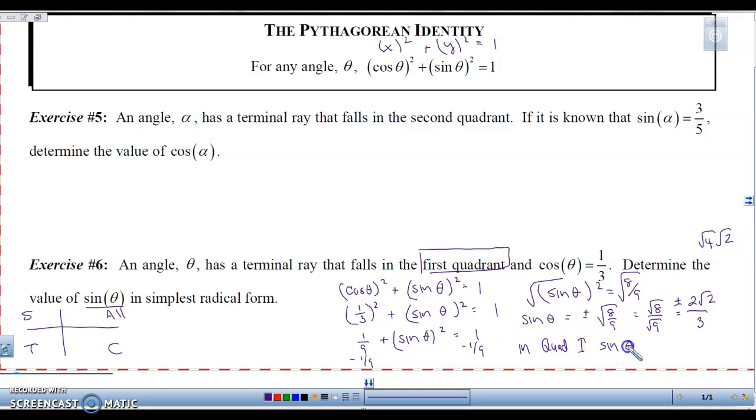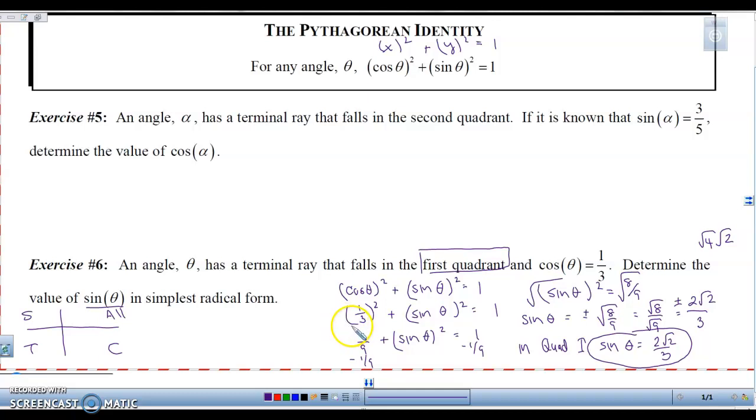Sine theta would have to be 2 square root of 2 over 3, the positive value. Because it falls in the first quadrant, both the x and the y coordinate, which are cosine and sine, must be positive.